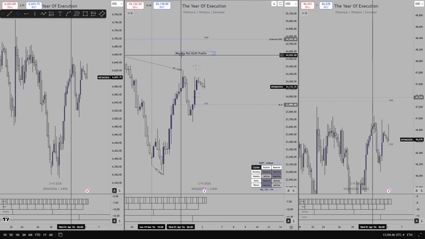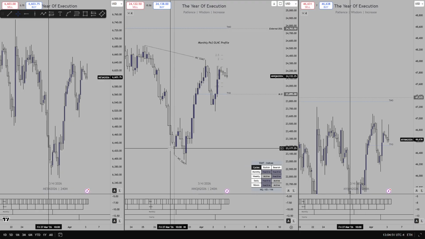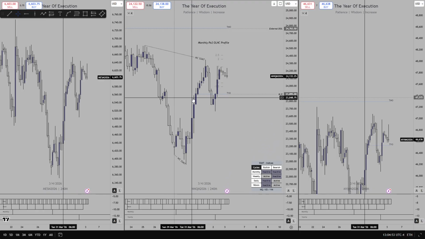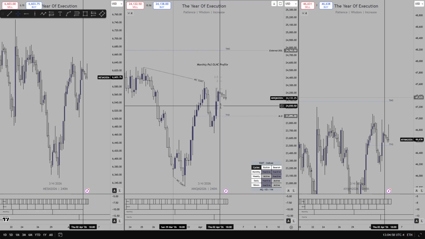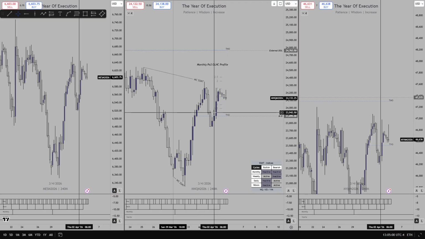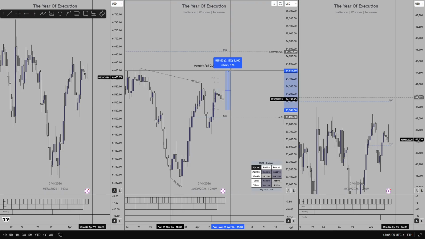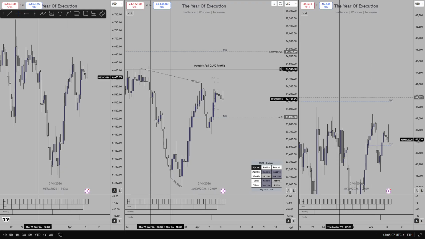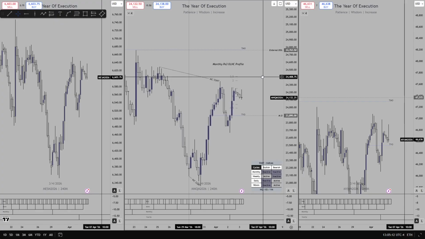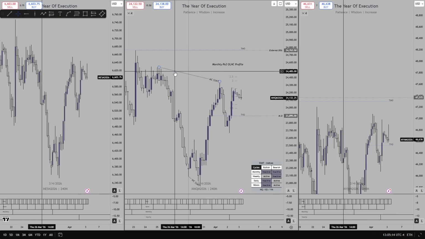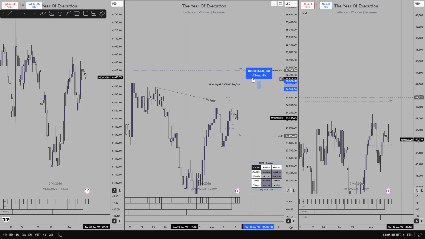But fitting the monthly power of 3 profile, it looks like we already manipulated below the lows, so I feel like we would have to go past this gap right here and just continue, which will probably invalidate the MCSMT that we have above. So I'm rooting more for this MCSMT getting invalidated and us taking that high.